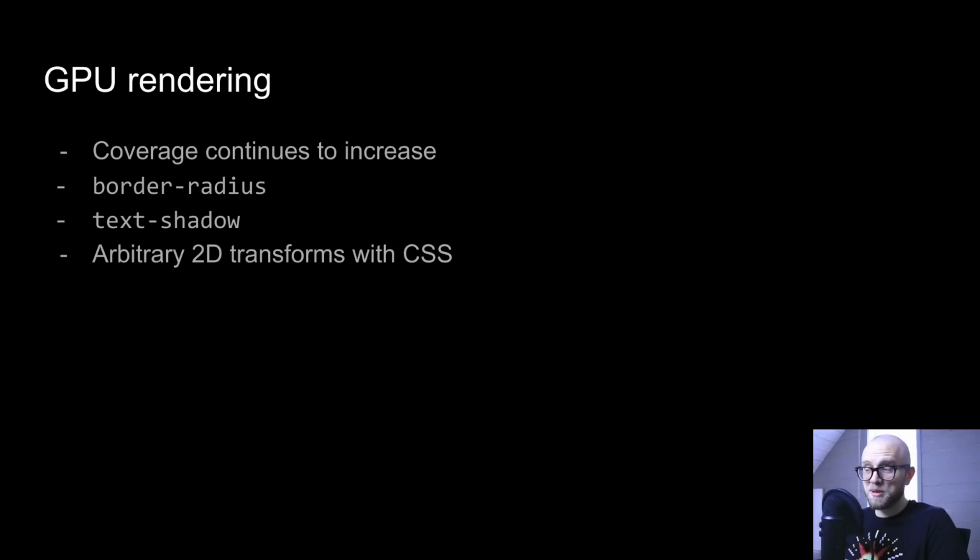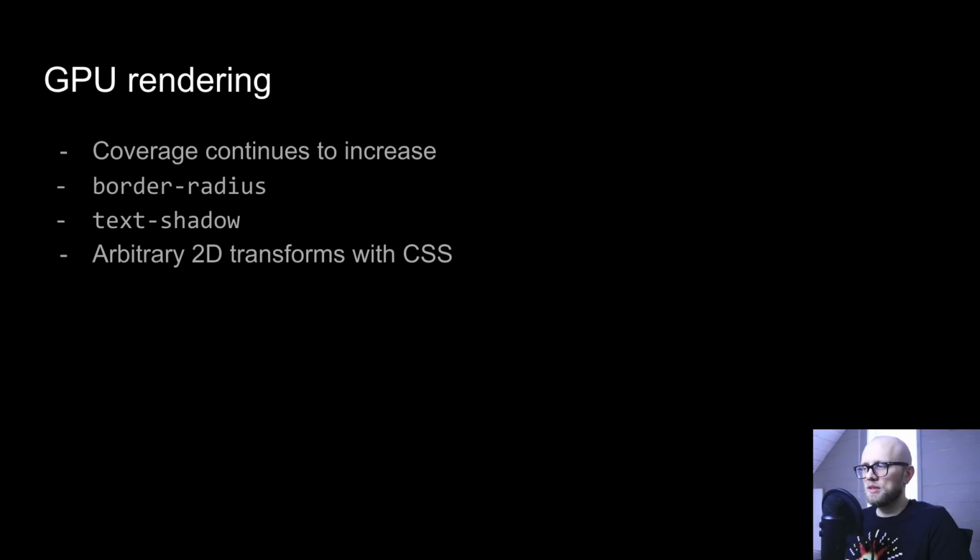Okay, this month we've also made a lot of progress on GPU rendering. This is mostly Alex's work, almost entirely, I would say. Coverage continues to increase, which means more and more web content we're able to render on the GPU.